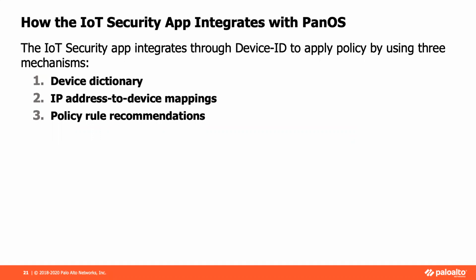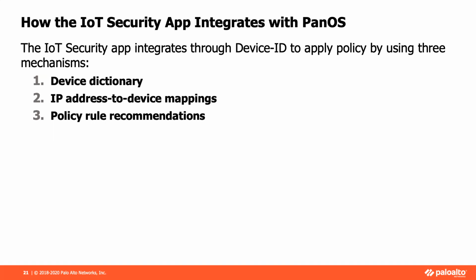And since Prisma Access runs PAN-OS, and our next generation firewalls run PAN-OS, basically they integrate and get their information the same way through the device ID fields that are in PAN-OS, which also gives us the ability to have things like a device dictionary, which is an XML file that the IoT Security Cloud generates and makes available that can be imported.